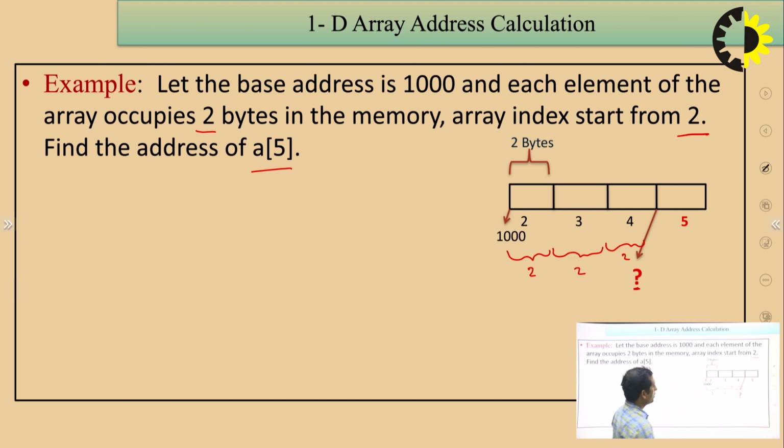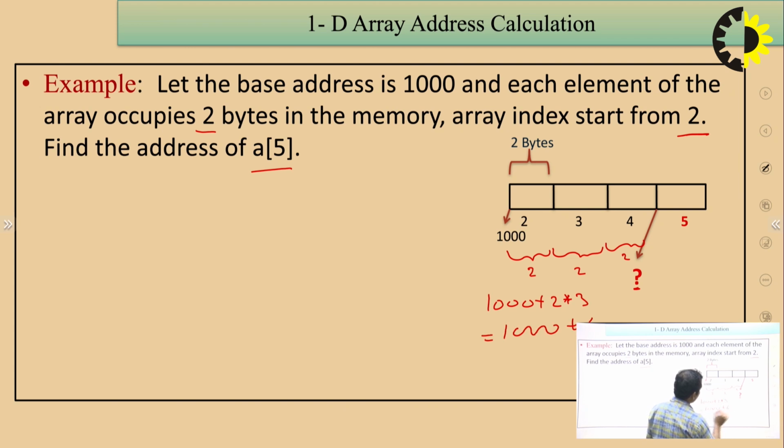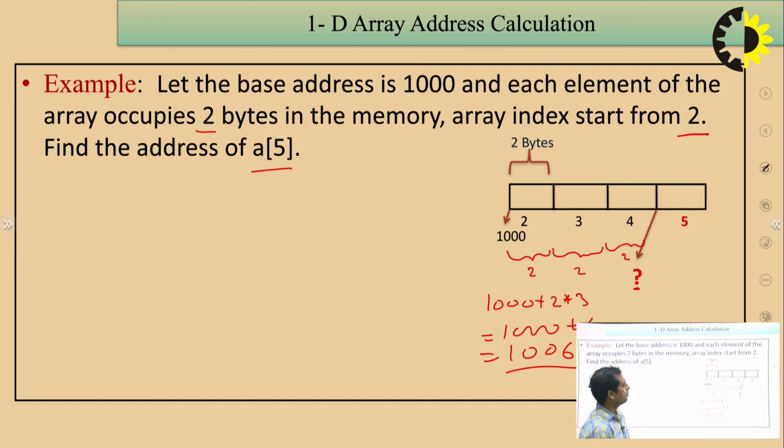So for the element having index 5, from the base address 1000 plus 2 plus 2 plus 2, meaning 2 into 3, that is 1000 plus 6 equals 1006. We can calculate manually without the formula, but with the formula it is easy to calculate for long data. This is a very short array.